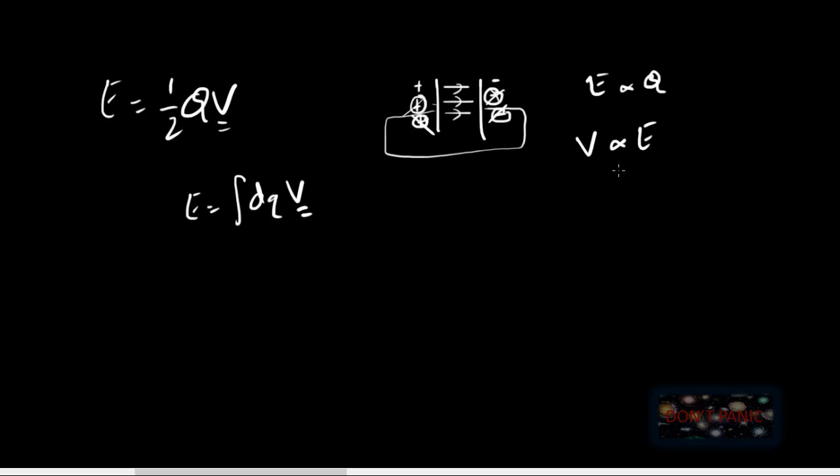Because voltage is electric field times distance. So if the electric field is decreasing, so is the voltage. That's why you cannot pull it out of the integral. And when you take into account the whole discharging of the capacitor, then it ends up being one half Q times V. It just happens that this factor is 1/2. So that's why this factor of 1/2 is here.